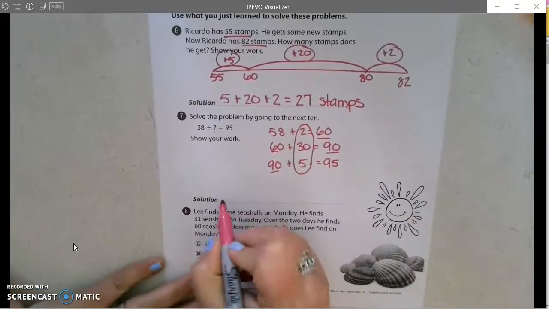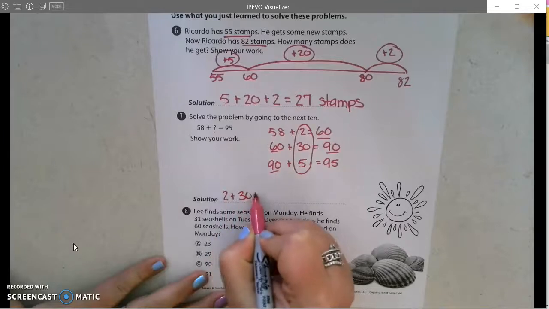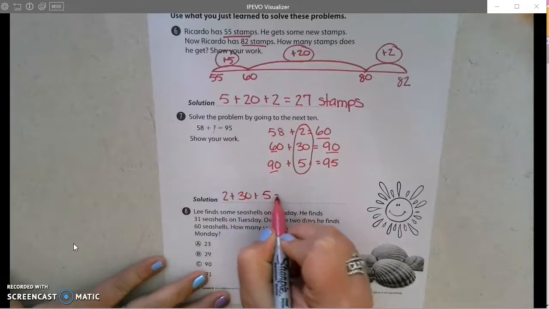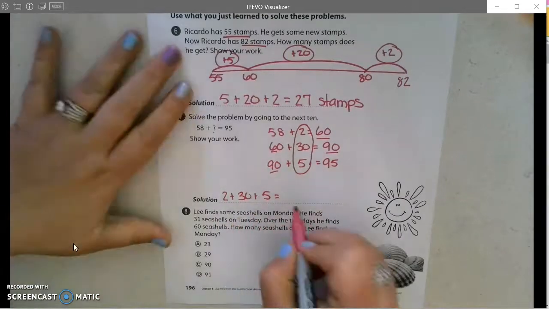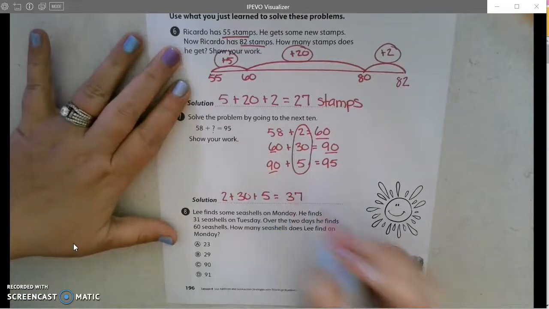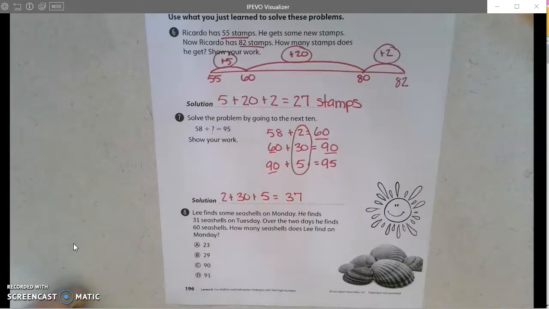So my solution is going to be 2 plus 30 plus 5 equals. 30 plus 2 is 32. 32 plus 5 is 37. This one doesn't have a label because it's just a number.